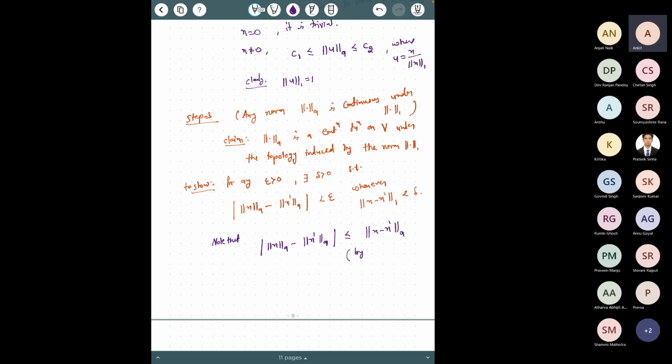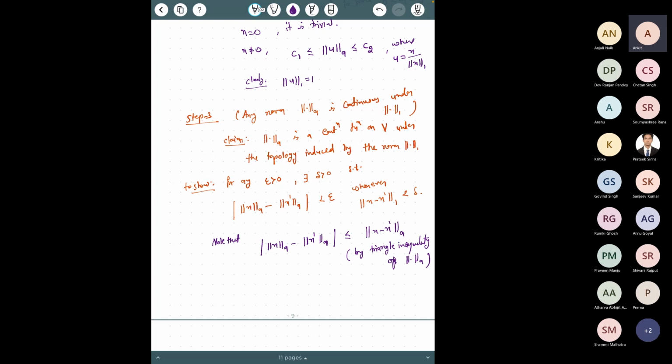This you can verify using the triangle inequality of this norm.